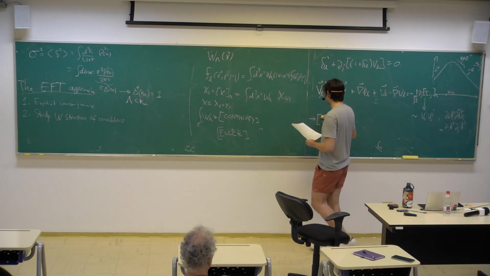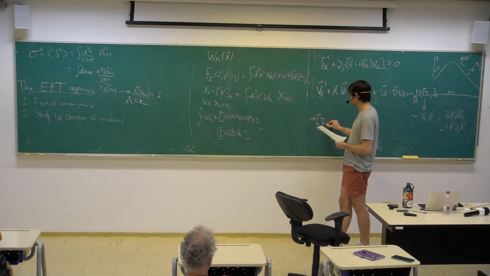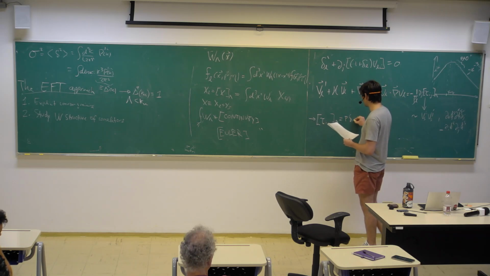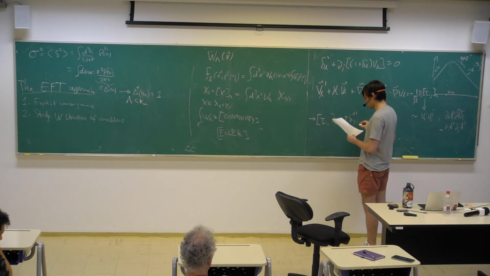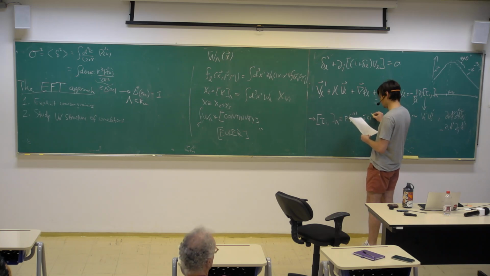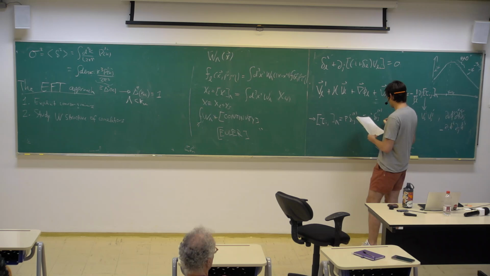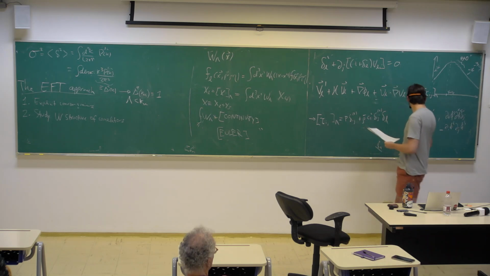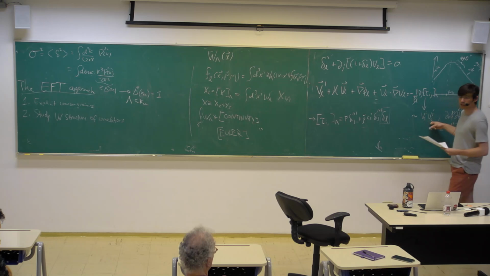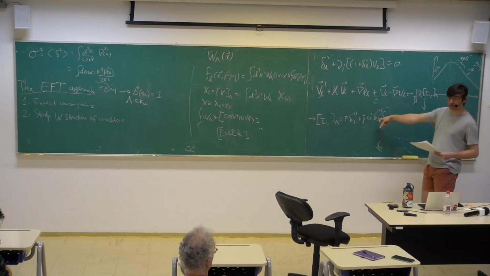You can either look at Tobias's notes or the paper, they do this very carefully, but it's quite long. You actually end up writing this as some sort of pressure component plus some term that looks like a sound speed for my fluid, where now I get a dependence explicitly on the long density. So when you do this re-expansion carefully, you get something that depends on the large-scale density again.